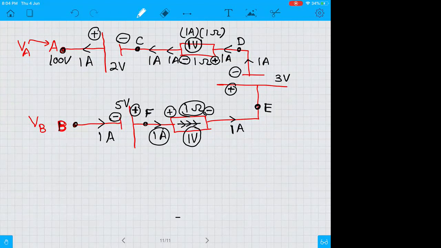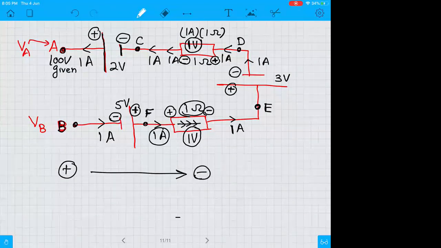Now, basically, you have to move from given towards missing, and you have to observe the signs. If you are moving from positive towards negative, if given is on the positive side and what is to be calculated is on the negative side, then you have to subtract, and vice versa.